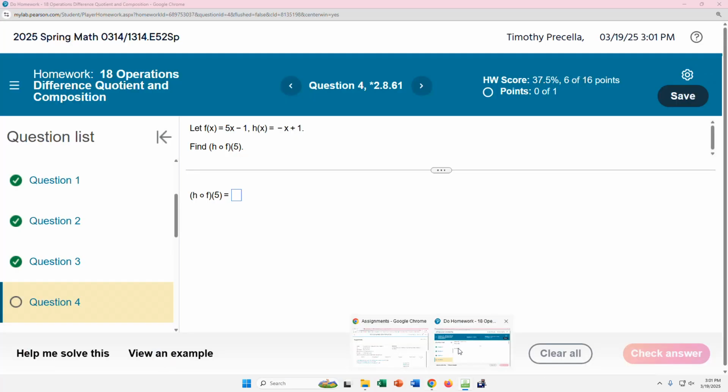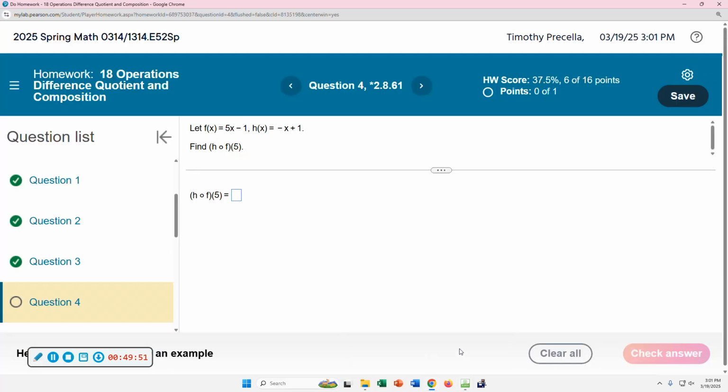And of course, the very first problem doesn't use f and g, it uses f and h. I don't have a problem with h. Except when you're working with fog and gof, they should use fog and gof.